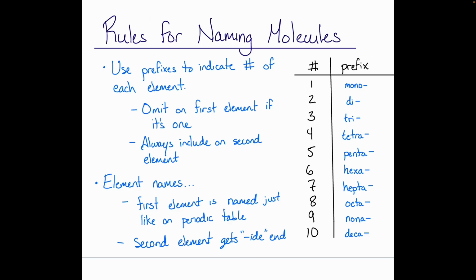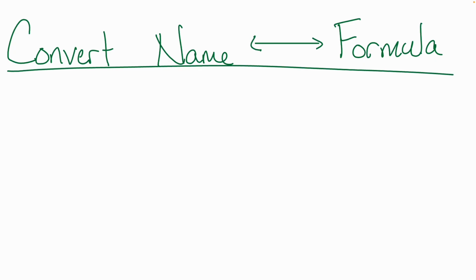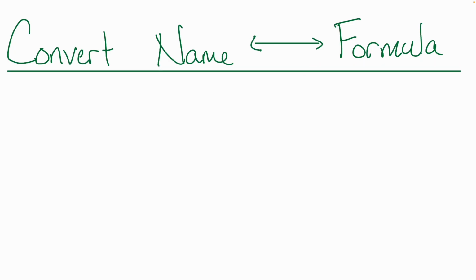Cool. All right, so what we need to be able to do with this, exactly like we were doing for ionic compounds, is convert from the name to the formula or the formula to the name. So let's practice converting from name to formula or back to the name. Just like before, if I put down a formula, you're going to name it for me.